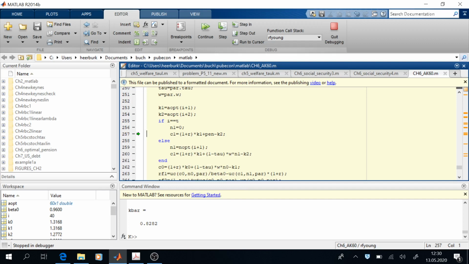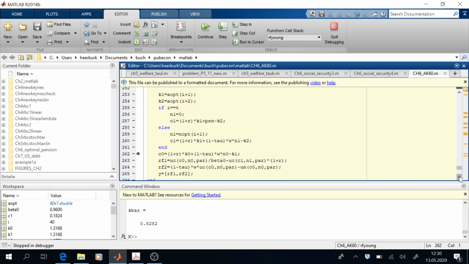If you're 40 years old, then next period you earn pension, PAN. If you're younger than 40, for example 39, you earn the net income, 1 minus tau times W times labor supply N1. So we distinguish between the worker at 40 and the worker who is younger to compute next period employment and consumption.